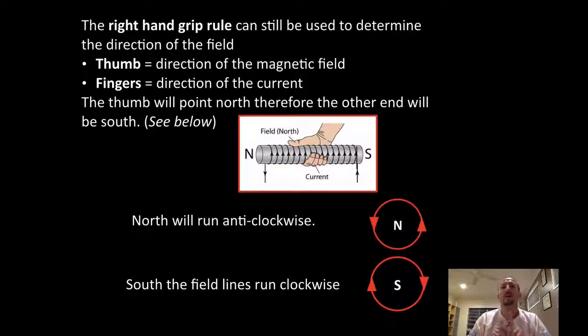Now remember, north on a magnet always has the field lines coming out, so your thumb will also tell you that that is the north end of your solenoid. You always find that north will be running anti-clockwise and south will be running clockwise in this situation.